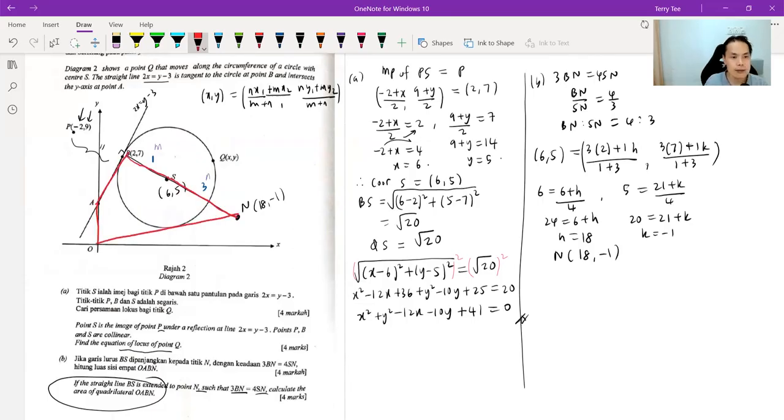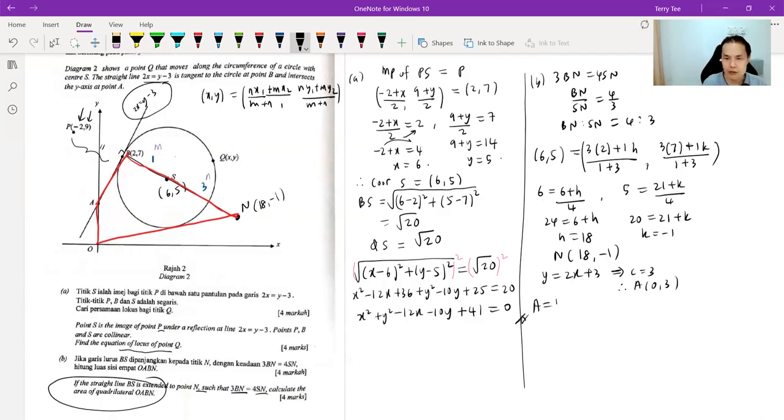So I just need to find the coordinate point A. Well, A is the y-intercept of this straight line. So we can just rearrange it, make y the subject. y is 2x plus 3. So my y-intercept is 3. Therefore, my A is (0, 3).